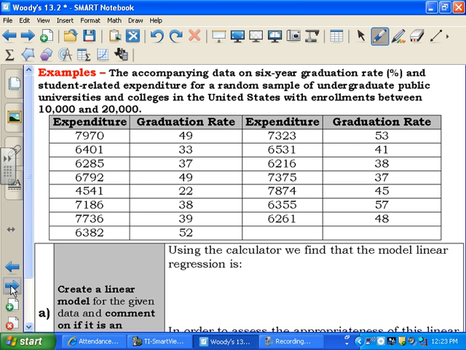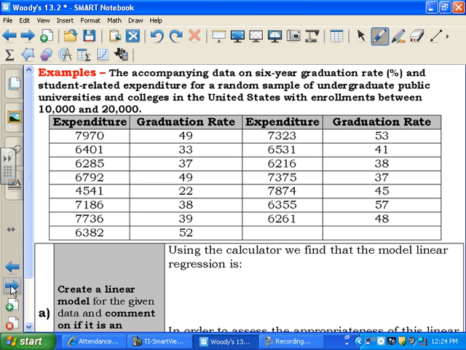What we're looking to establish in this relationship is, can you, quote, buy your degree? In other words, the more I spend, the higher the probability that I graduate. Do you see that that's the linear model I'm looking for here? So we're going to use expenditure, that's x, our independent variable, to try to predict our y value.